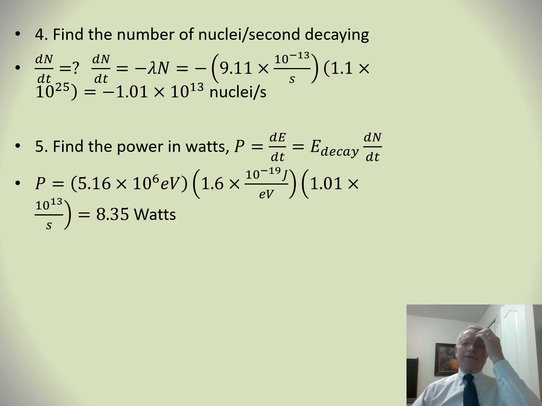And finally, we can find the power, because the power is the rate of change of energy. So that's the energy in each decay times the number of decays per second. And you multiply all those numbers together, and you get 8.35 watts.